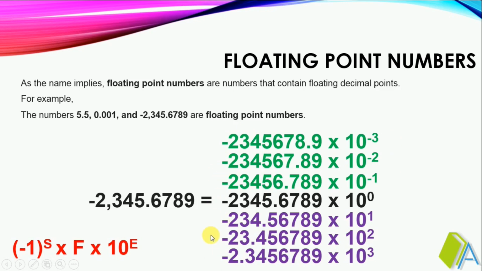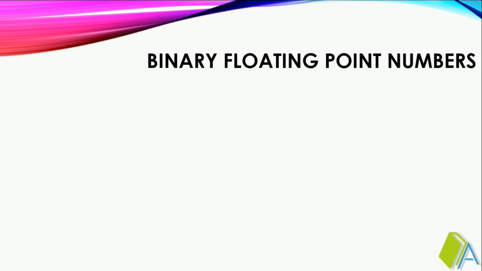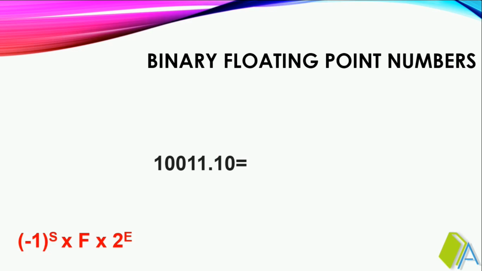If you see an example in binary format, I am going to represent this particular number in the standard binary format. Here the sign bit is S, F is the fraction. Since it is a binary number, my base value is 2, E is the exponent. Initially I can represent this number in the standard floating point format like this. 2 power 0 is 1.